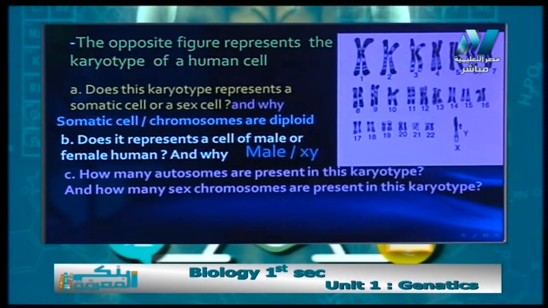Autosomes begin from pair number 1 to pair 22. But sex chromosome, just one pair, pair number 23. The answer here, 22 pairs related to autosomes and just one pair related to sex chromosome.